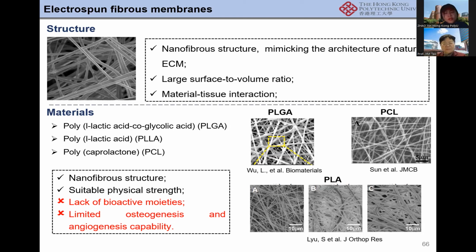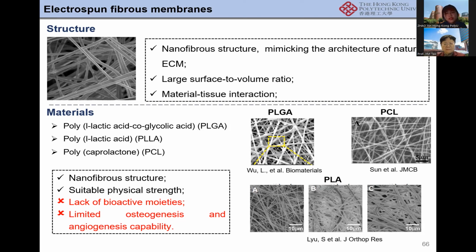Oh, this is just how we can use the photo-crosslinkable materials. The materials themselves are liquid, and we can change their viscosity. For example, we can make them very watery, and in this case we can spray them. And by changing the viscosity, we can also electrospin them, and we can 3D print them.